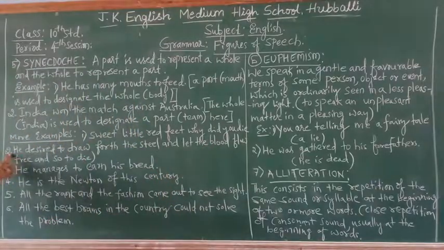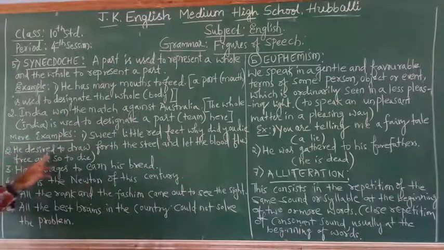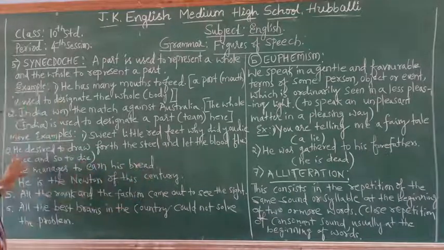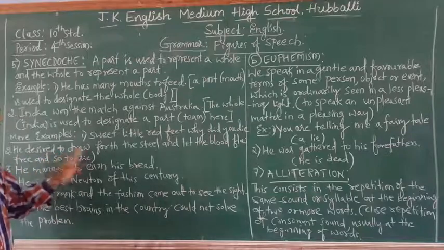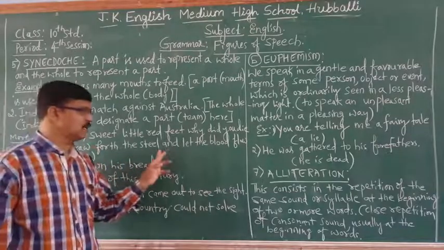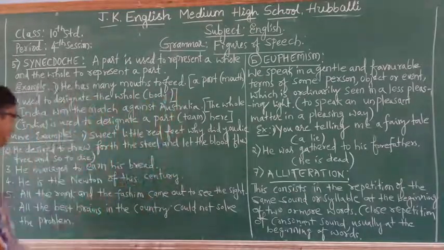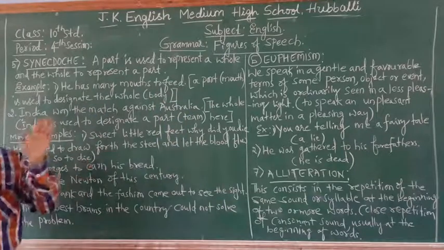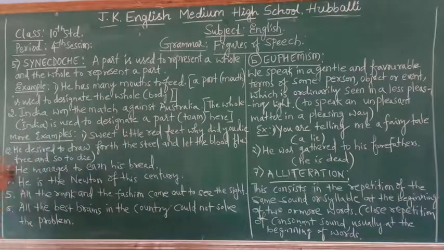Second example: He desired to draw forth the steel and let the blood flow free, and so to die. Repeat once again.